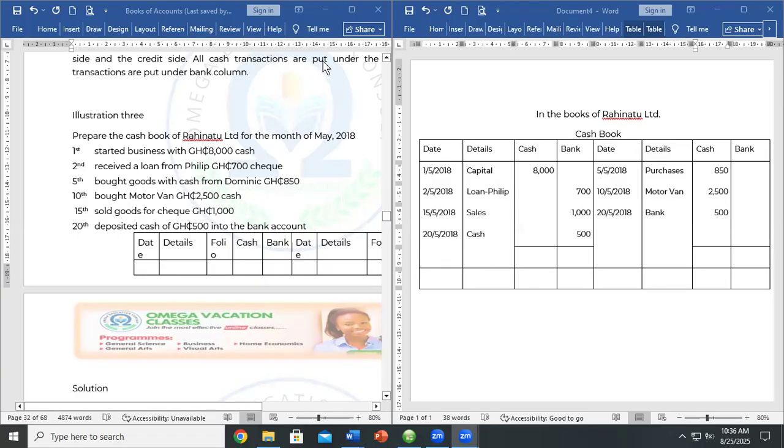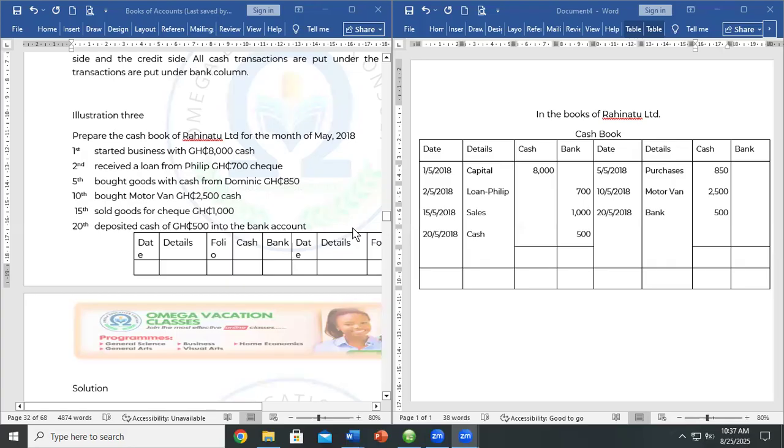Augustine, you had a question? Yeah, sir, please. I didn't get what you said. I've said a lot of things, so be specific. Sorry, the contra entry. Okay, a contra entry simply means that both the debit entry and credit entry are appearing in the same ledger or account.